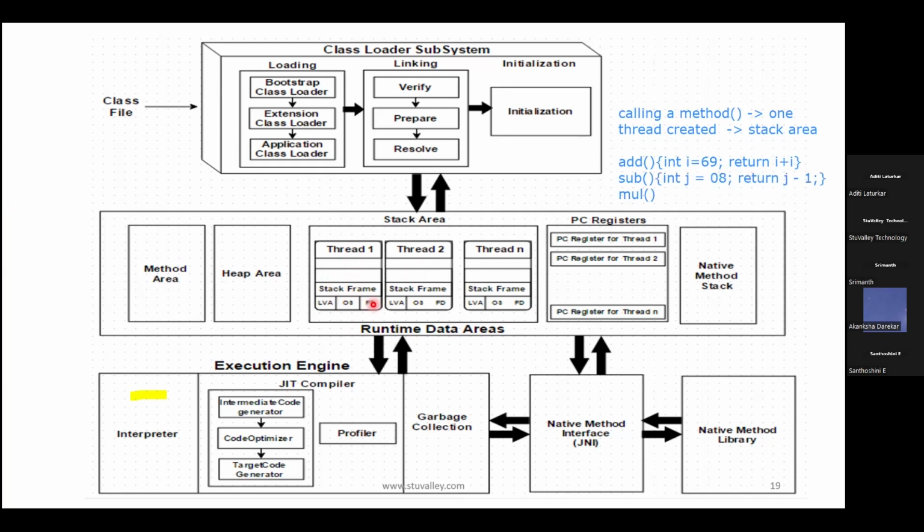Okay, clear? As these are storing data separately, we are not able to access this data from one thread to another. That is why the data stored here is thread safe. Clear? Understood?